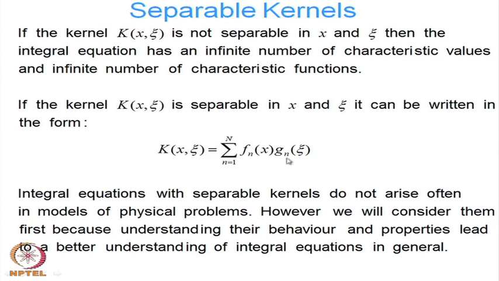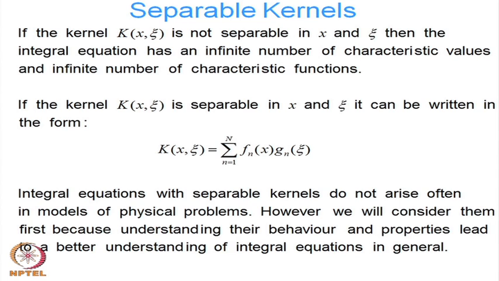So, this is a separable kernel, in which case the integral equation possesses a finite number of eigenvalues and eigenfunctions. If it is not separable in x and xi, it possesses an infinite number of characteristic values and an infinite number of characteristic functions.